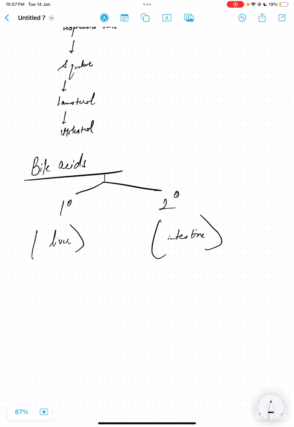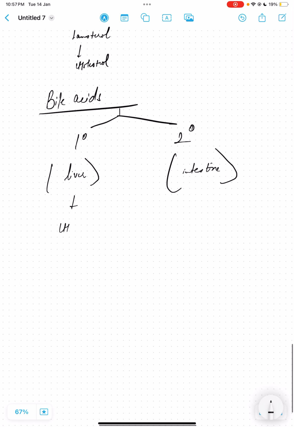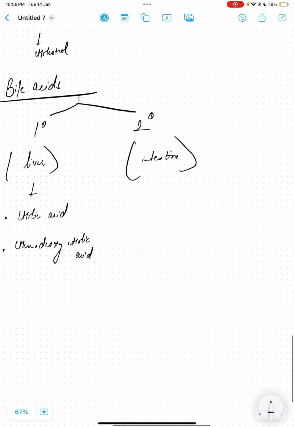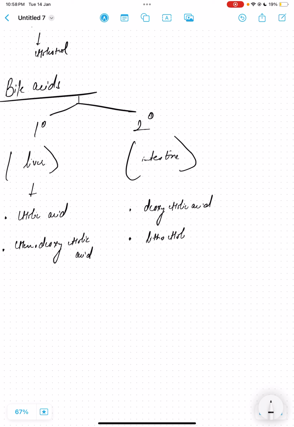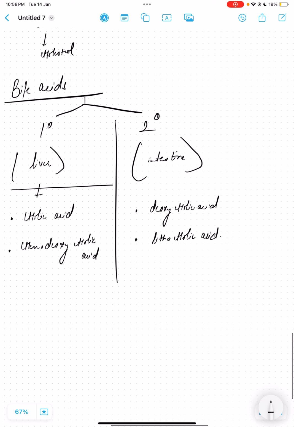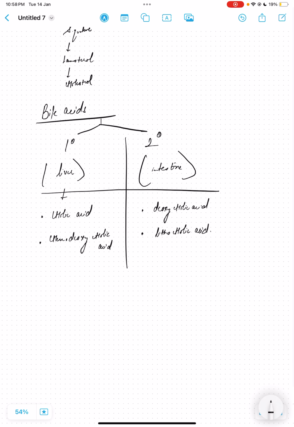The primary bile acids can either be cholic acid or chenodeoxycholic acid, while secondary bile acids are deoxycholic acid and lithocholic acid. First of all, you should remember the primary and the secondary type of bile acids with their examples.